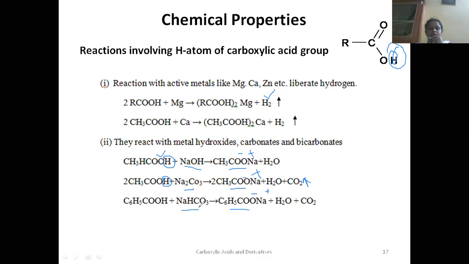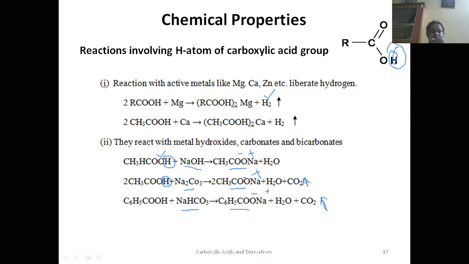Similarly, when you add sodium bicarbonate to carboxylic acids, carbon dioxide gas is also released. So when you do this reaction, you will observe the release of carbon dioxide. Carbon dioxide means bubbles, gas. You will observe the bubbles in the reaction.